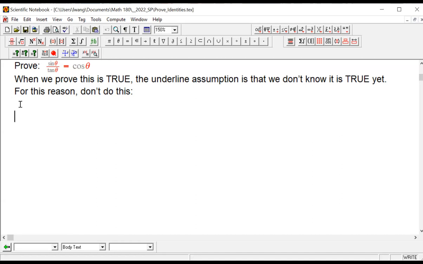I see this a lot from my past teaching experience: the student starts to prove, and then the student would write sine theta over tangent theta equals sine theta over sine theta over cosine theta, and that equals cosine theta.